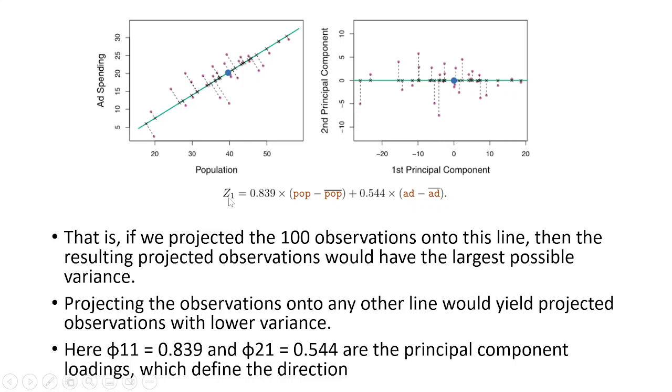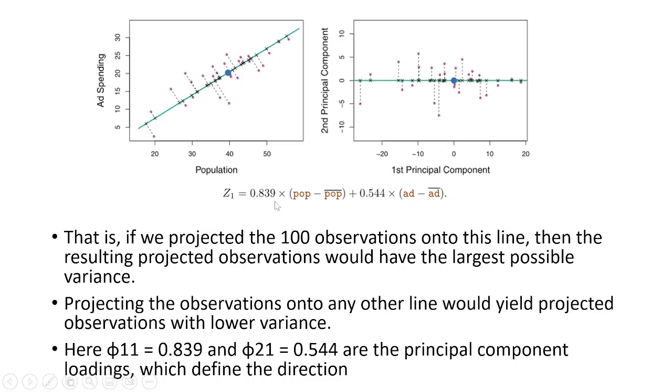The first principal component is represented by Z1, and this is given by phi. Phi is the loadings: for population it is 0.839, and for advertisement it is 0.544.